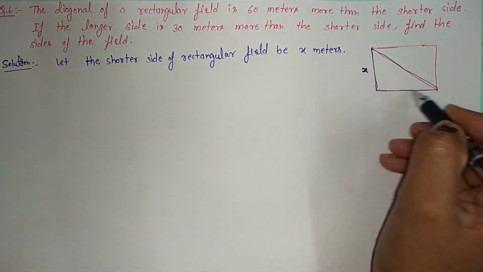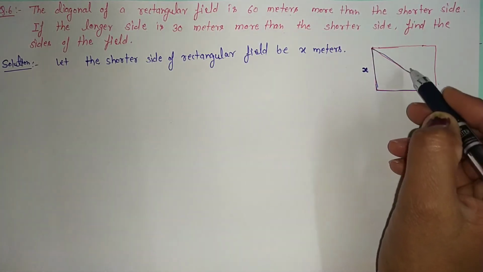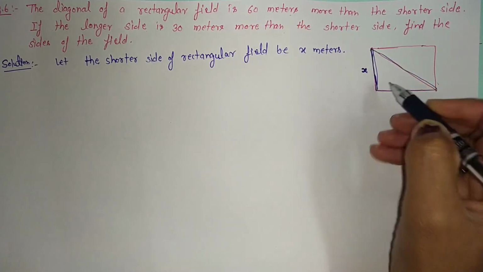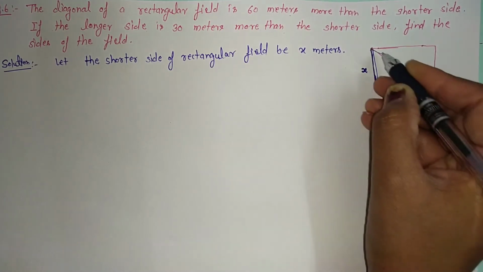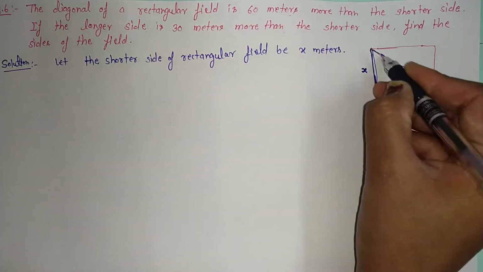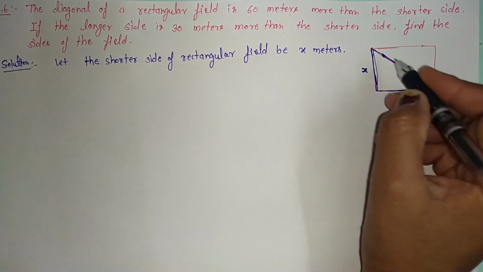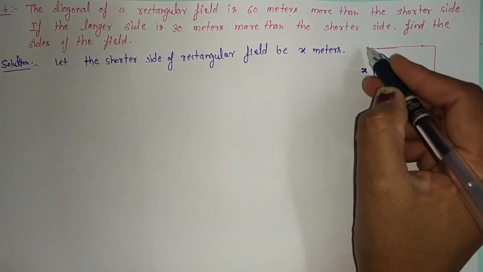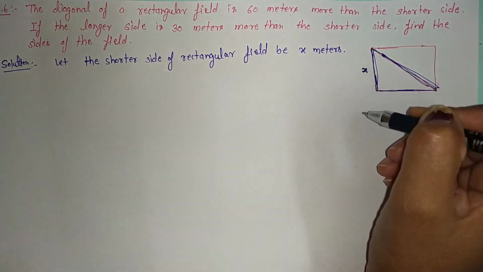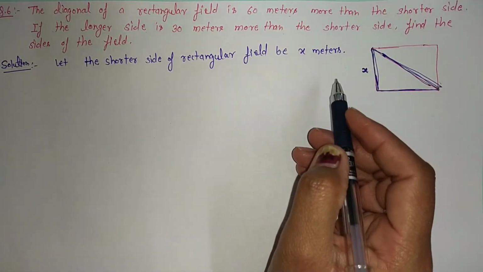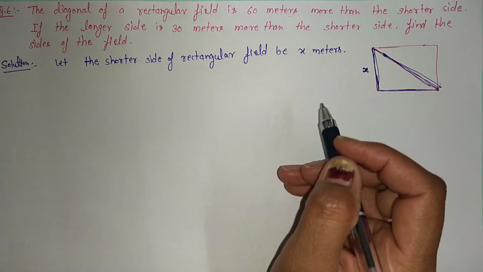Let this be a rectangular field, this side is the shorter side, this is the longer side, and this is the diagonal of the rectangular field. Let the shorter side of the rectangular field be x meter.